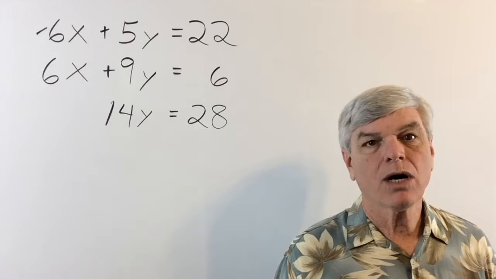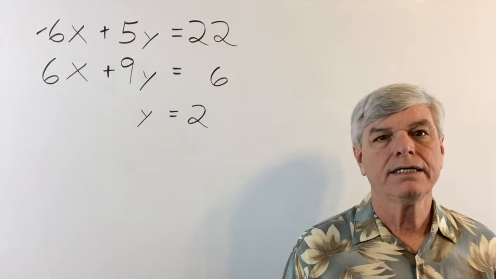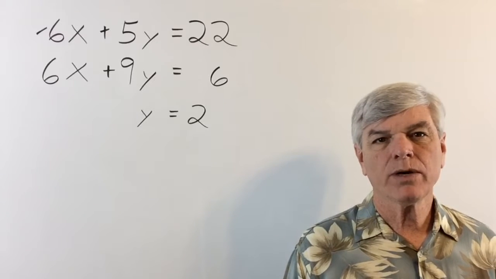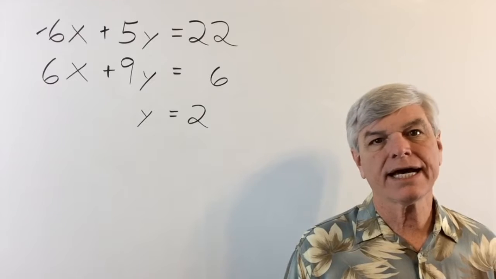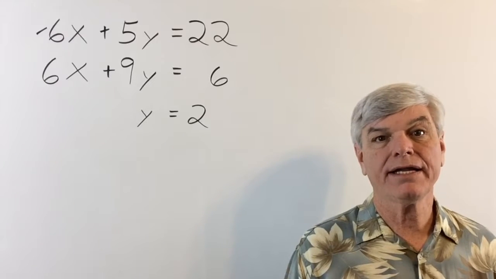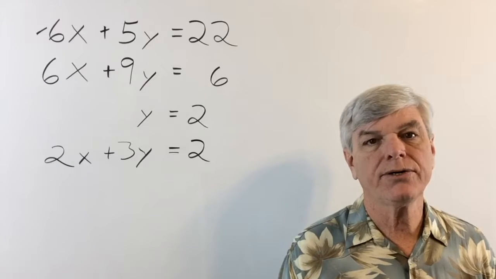Let's isolate that y. Okay, 14 over 14, we'll isolate that y, and 28 over 14 is 2. y equals 2. And our simplest equation for substitution is the second one before we multiplied it out. Let's bring that down again. Remember, it was 2x plus 3y equals 2.